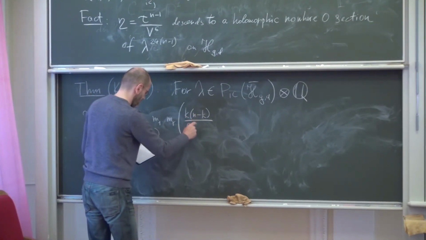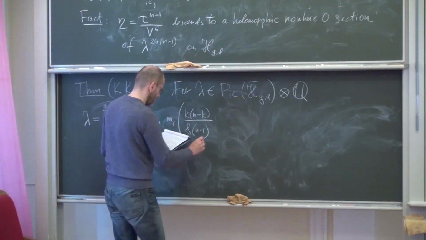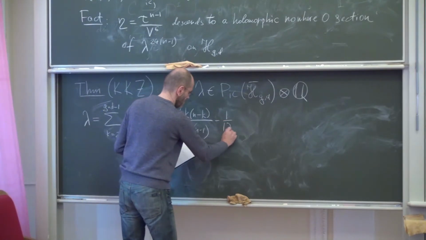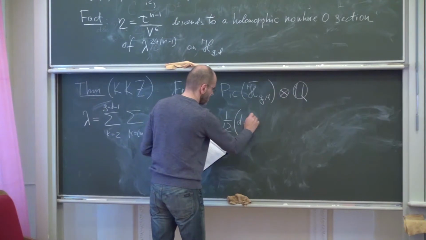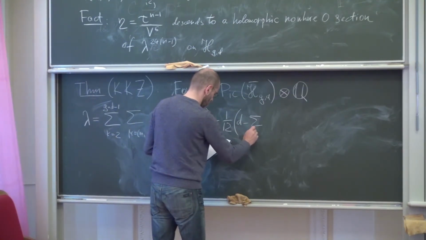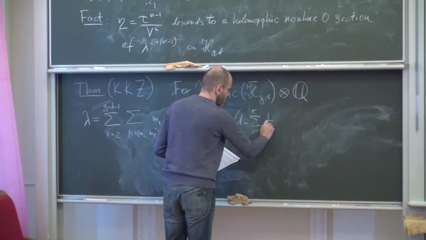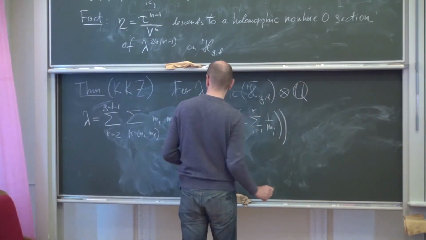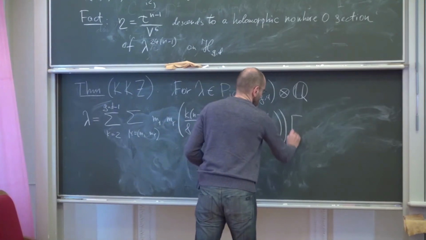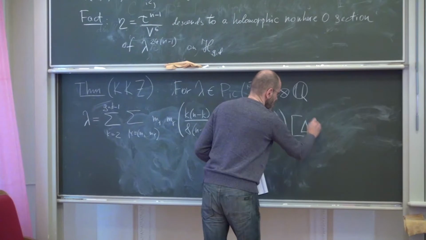So it's k times n minus k over 8 times n minus 1, minus 1 over 12, d minus the sum over i from 1 to r, 1 over m_i, times the class of the boundary divisor delta mu k.